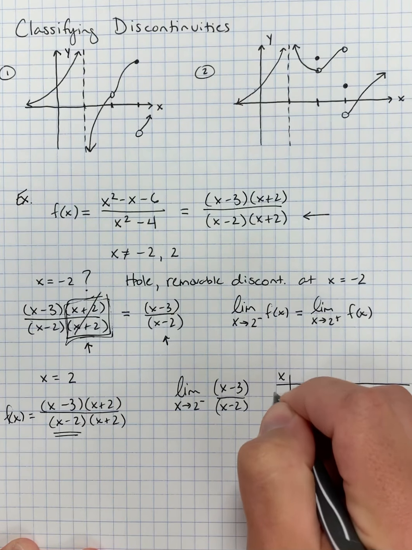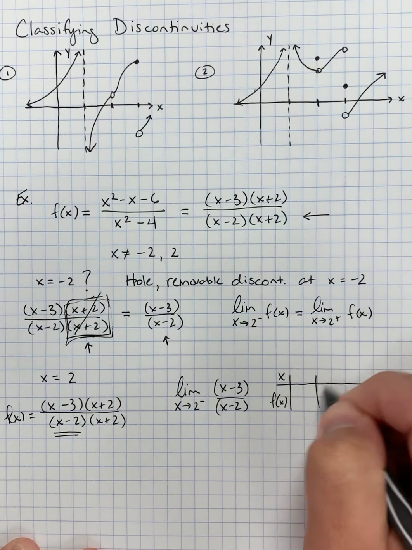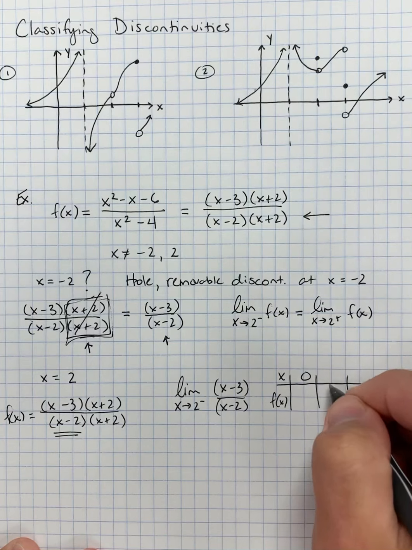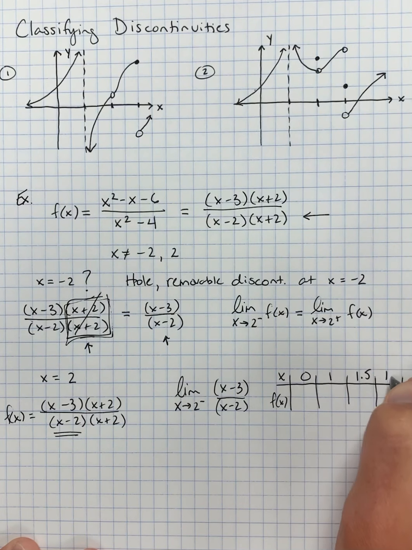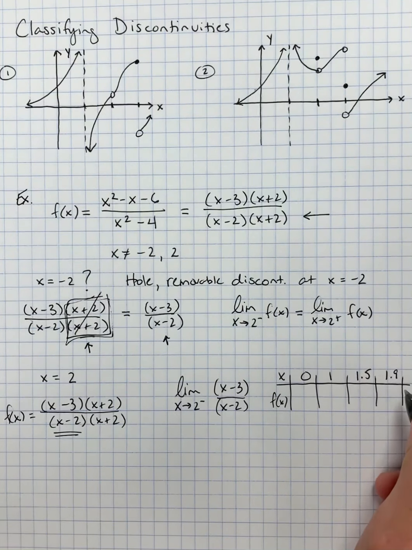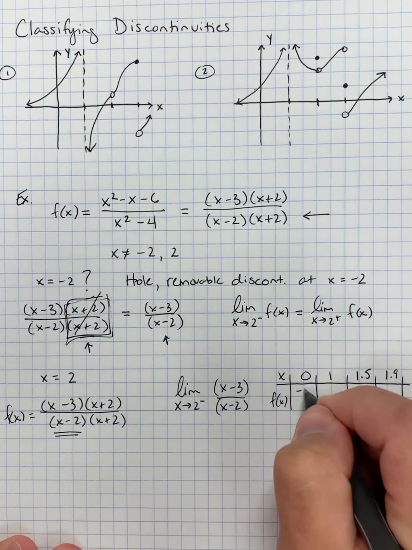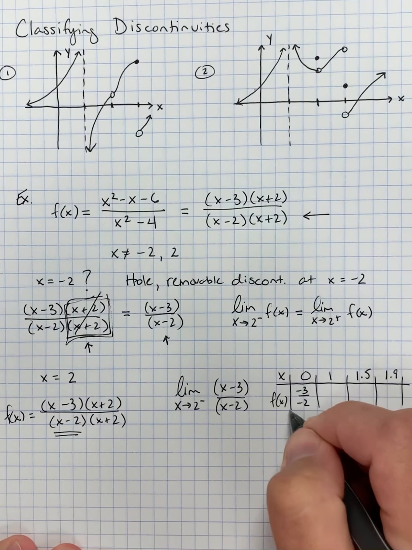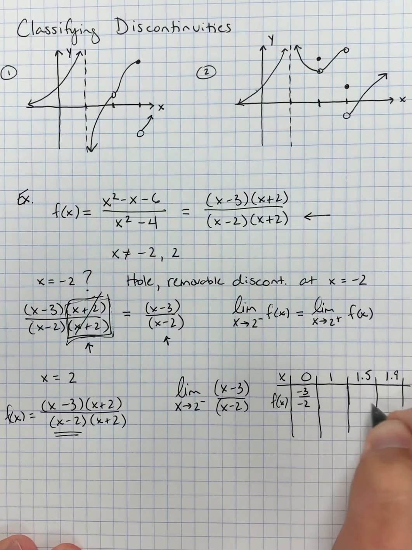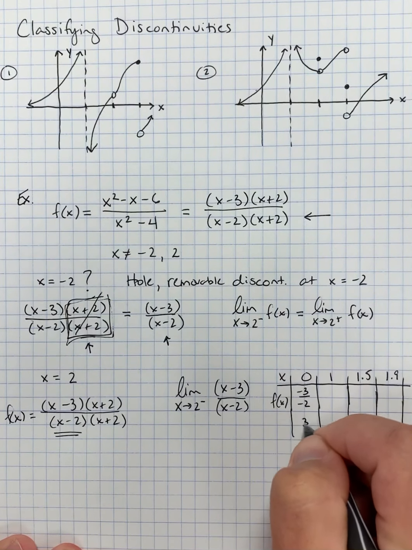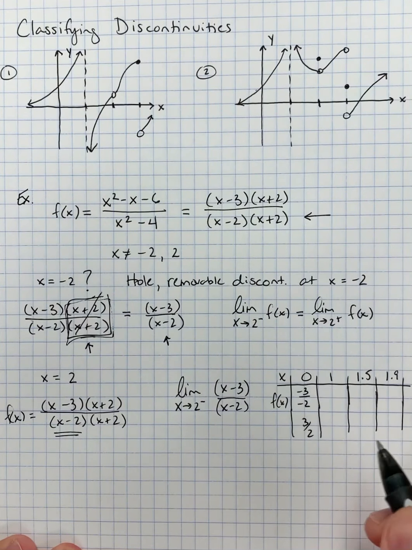So x and f of x, set up a little table here. My values I'm going to approach from the left-hand side, so I'm going to look at 0, 1, 1.5 and 1.9, and we're going to see what's going on as we approach 2 from the left. So at 0, if I put 0 in here, I get -3 over -2, that's the same thing as a positive 3/2.